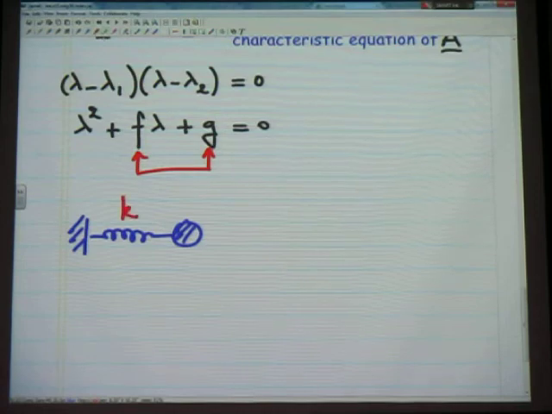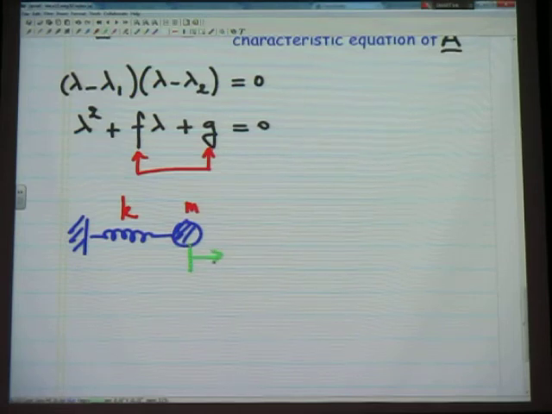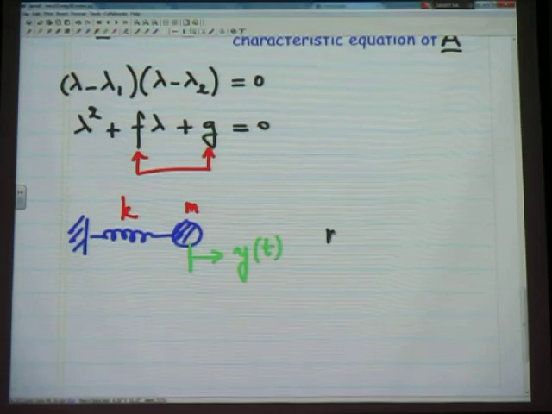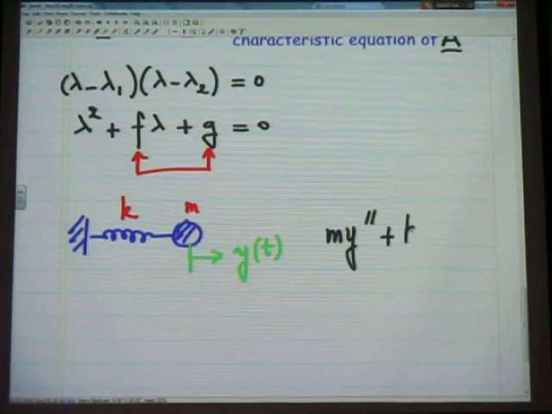You have here K and M, right? And I'm not going to derive that, and I expect that everyone should be able to derive this equation of motion, and the equation of motion is M y double prime plus K y equal to 0. Okay?